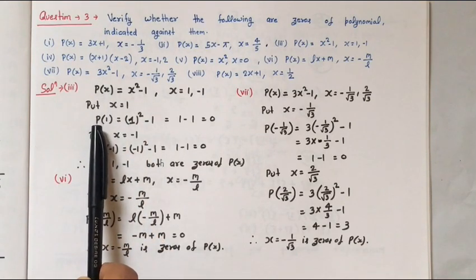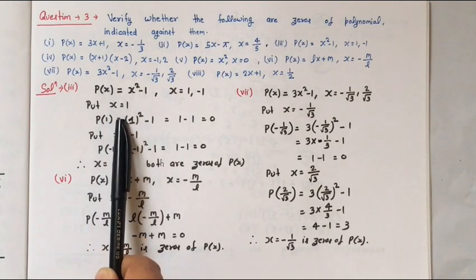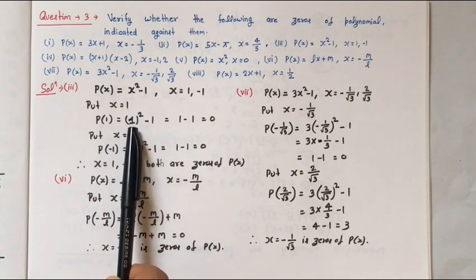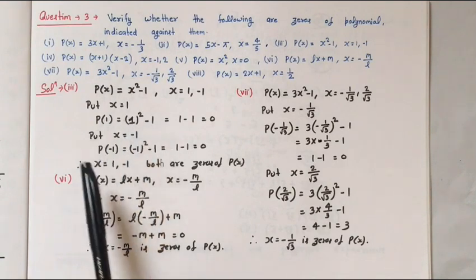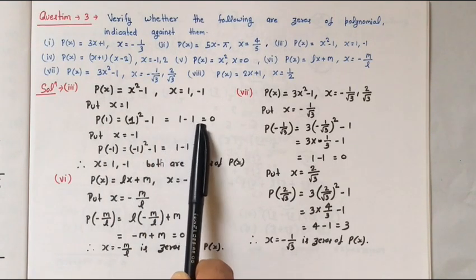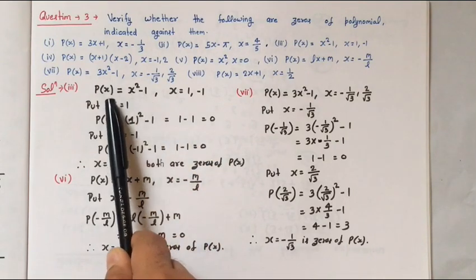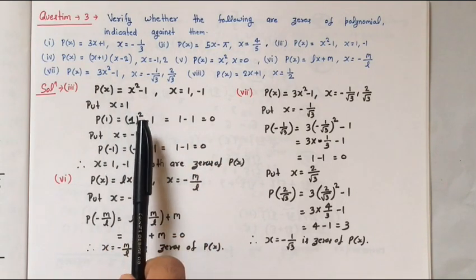Now it will become p of 1 is equal to, in the place of x we are going to write 1 square minus 1. After calculation it will become 0. It means that x is equal to 1 is a zero of this polynomial.